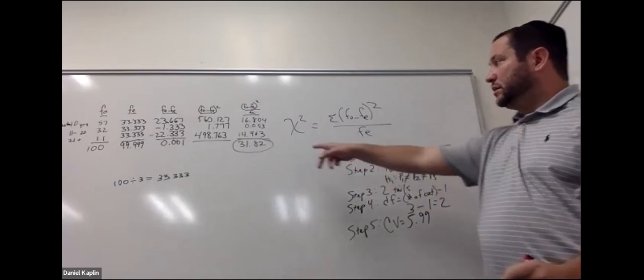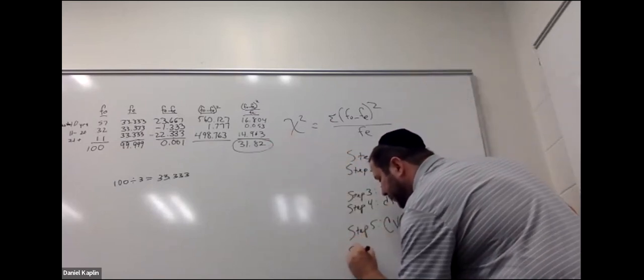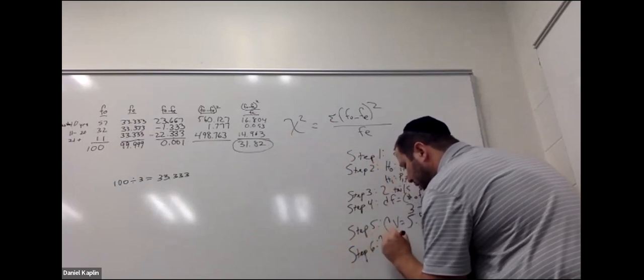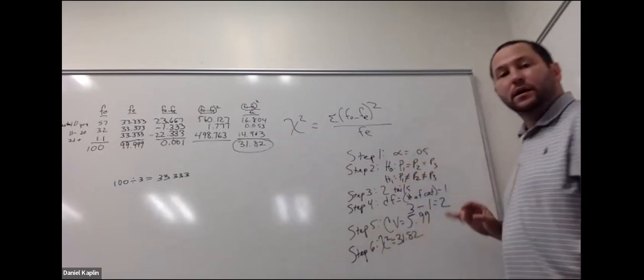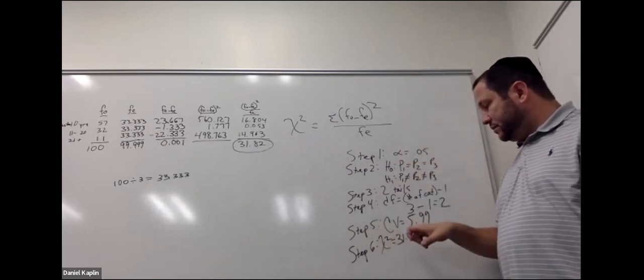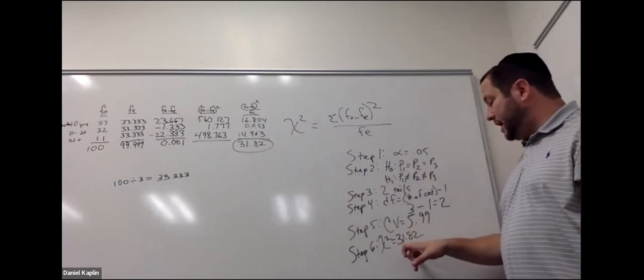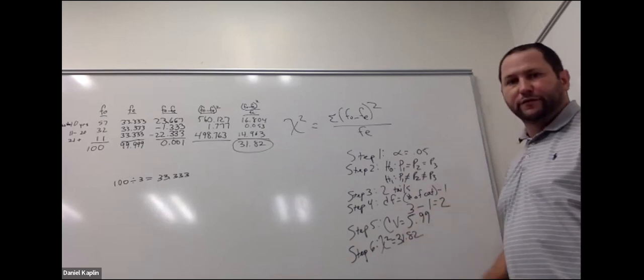Now, step 6 was what was our calculated test value. So we got a chi-square of 31.82. Now, is our chi-square value equal to or greater than our critical value? The answer is yes, 31 is greater than 5, right?